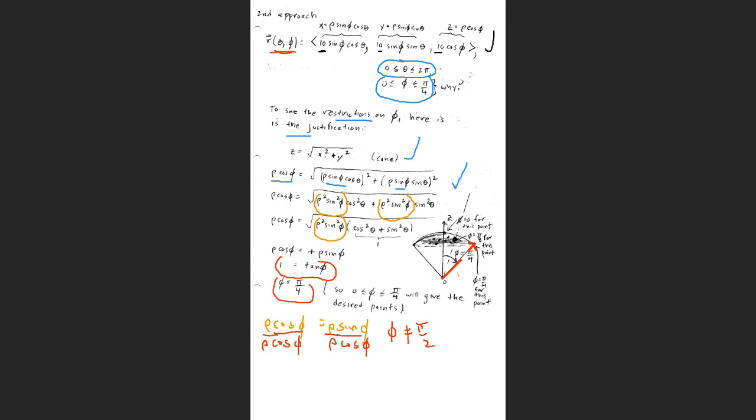This would be r of, well, in this case, theta is pi over 2, and phi is pi over 4, for that vector there.